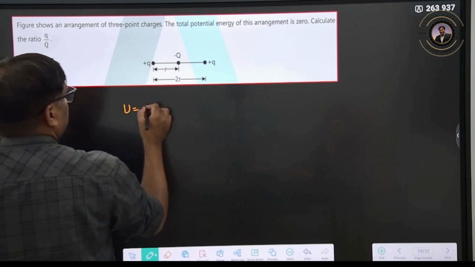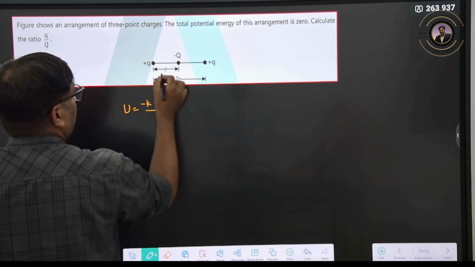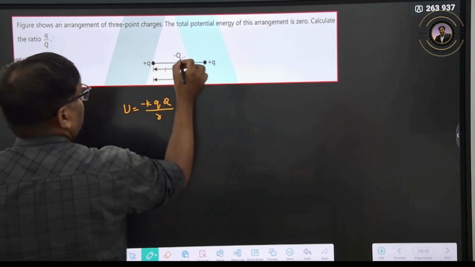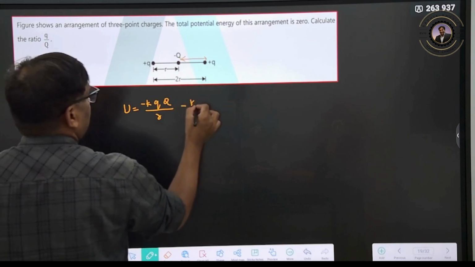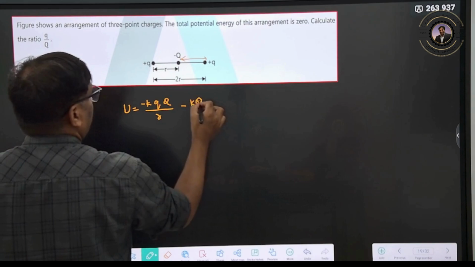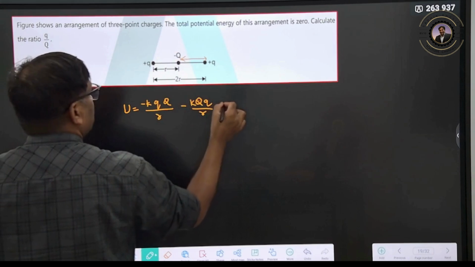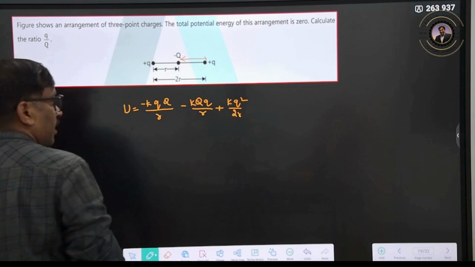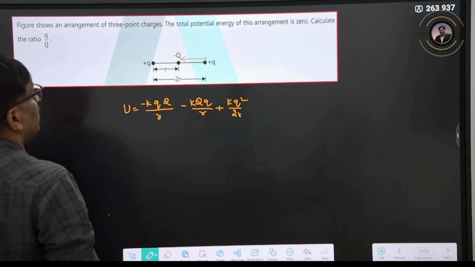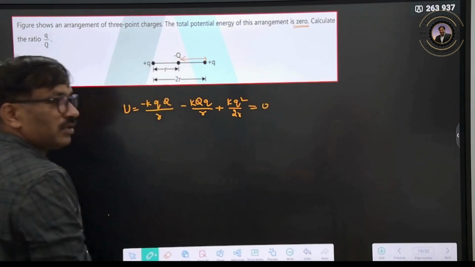Therefore here it is k into q into minus q divided by r. Between these two, how much will it be? Therefore this also minus k into capital Q into small q by r. Between these two, how much now? Plus k q square by 2r distance. Clear? Therefore the total potential energy of the system is 0, that means it will be equal to 0.